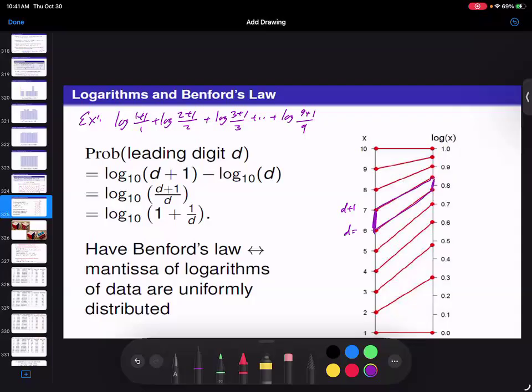What should the sum of the probabilities equal? 1. And by using the log laws, this is the same as the log base 10 of 2 over 1 times 3 over 2 times 4 over 3 up to 10 over 9, which is the same as the log base 10 of 10, which is 1. So this is a nice consistency check that we are assigning probabilities. The probabilities sum to 1.